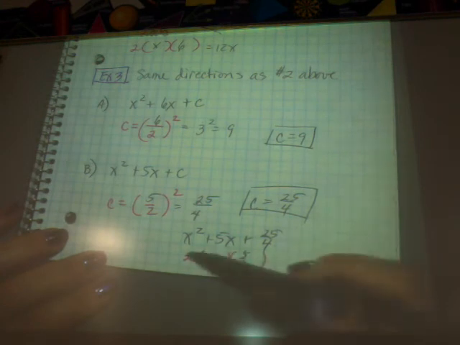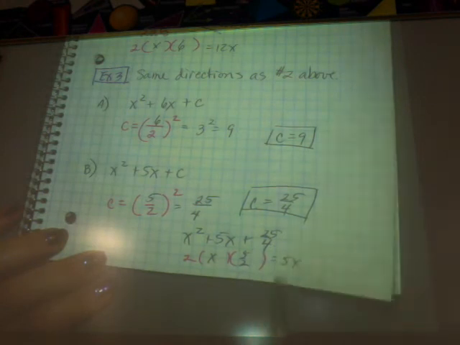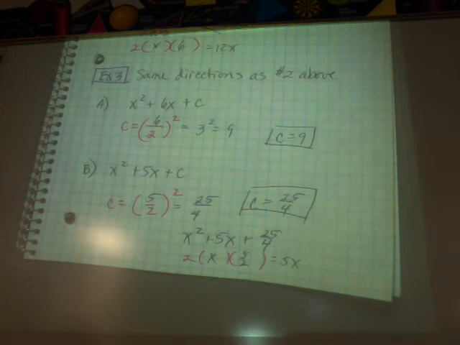The 2's cancel, right? And you end up with 5 times x, which is 5x. Doesn't that match the middle term? So it does work. So we are going to create, manipulate, and make perfect square bookends that match our middle term. You might not like those bookends, but you still know how to take the square root of them, and we're going to use them to our advantage.